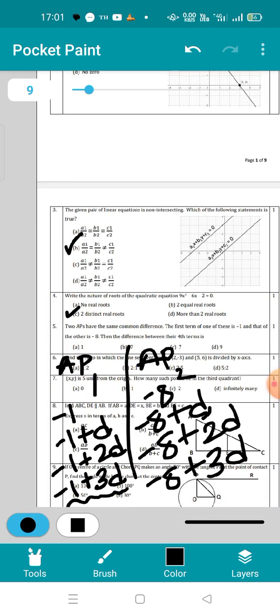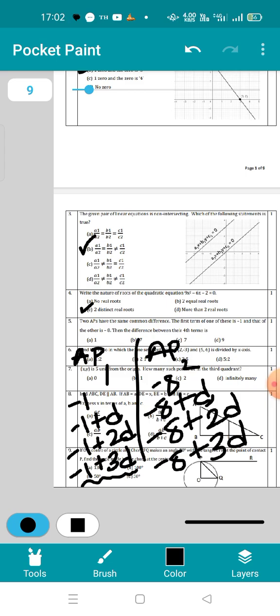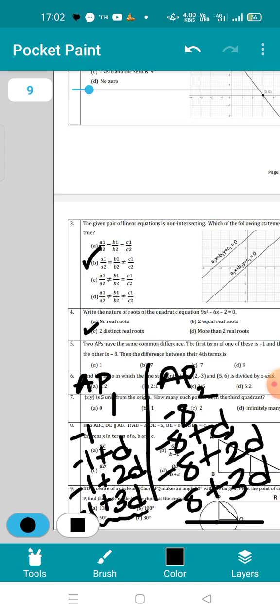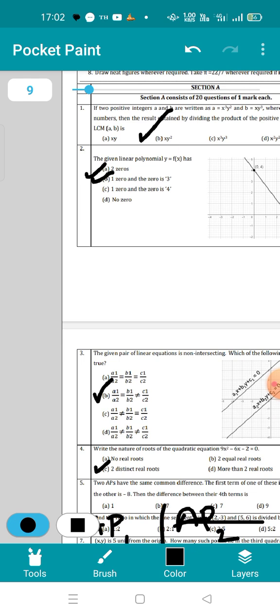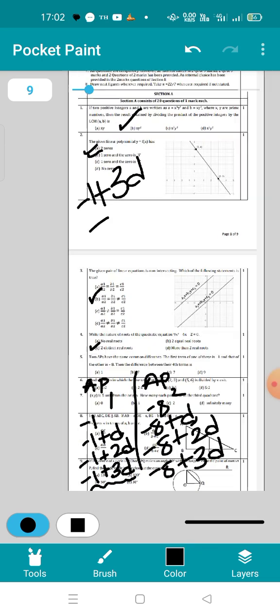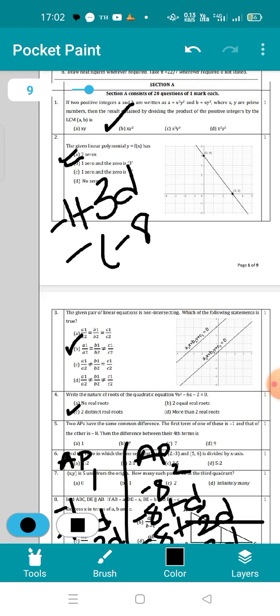So we shall subtract the fourth term of the second AP from the fourth term of the first AP. So to keep it simple, it is like this: -1 plus 3D minus (-8 plus 3D).